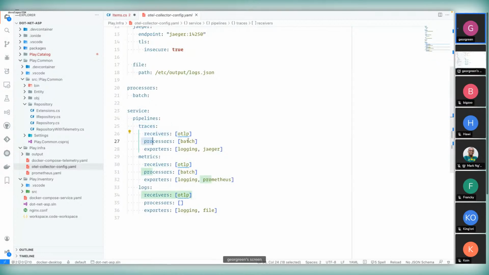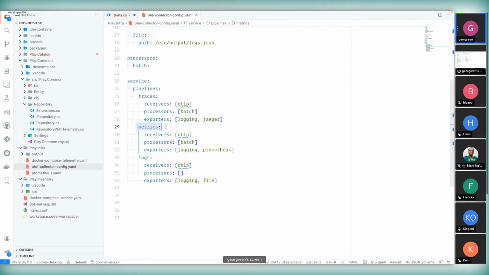You want to process it in batch. We don't want it to come, let's say, streaming. We want it to say, give us data every 10 minutes or 1 minute or 3 minutes. That's usually a good idea. And after we get that telemetry, we export it to Jaeger and also the logging infrastructure. If I look at my terminal, there's some stuff on it. There's also a metric pipeline. Same, we receive metrics from this.